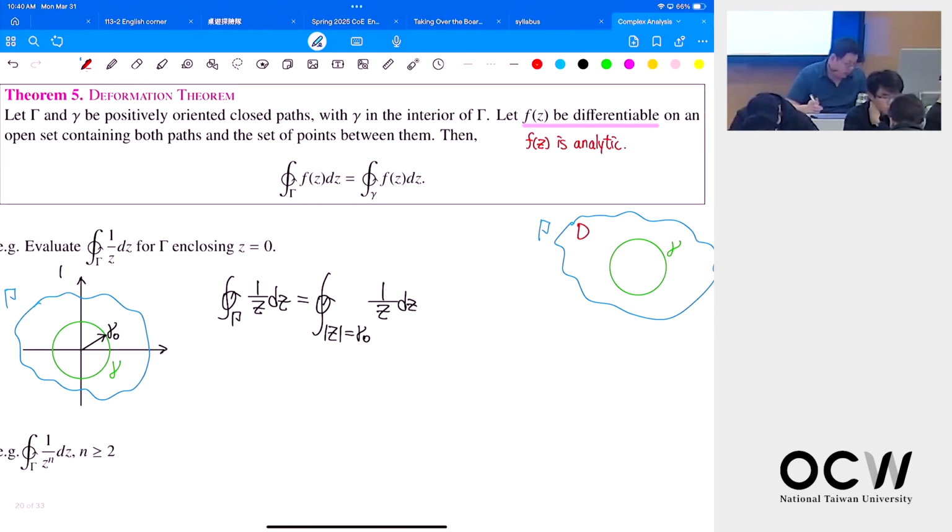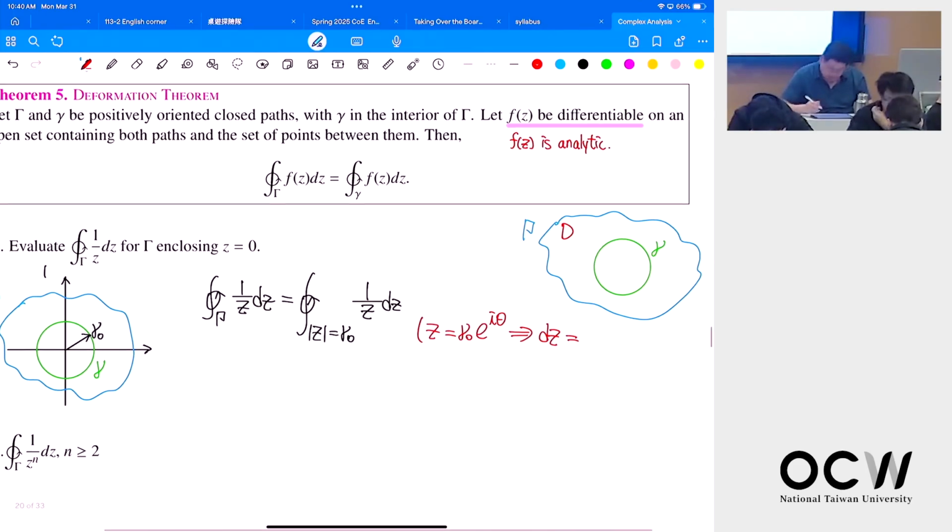Now let's change the variable. Z equals gamma naught e to the i theta. Suppose z is gamma naught, the radius, times e to the i theta, then dz will be i gamma naught e to the i theta d theta. Right? So theta will be from 0 to 2 pi.